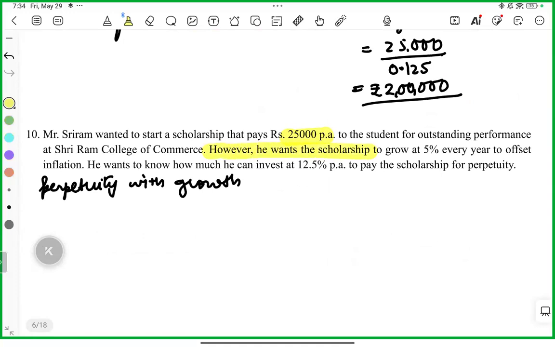However, he wants the scholarship to grow at 5% every year to offset inflation. Since there would be inflation, you cannot keep on giving 25,000 every year. He wants 25,000 to increase by 5% every year. How much can he invest at 12.5% to pay the scholarship in perpetuity? Since he wants the scholarship or annuity to grow, this is called growing perpetuity.